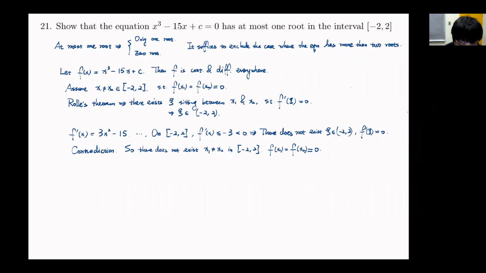So the only possible case will be only one root or no roots, which means it's going to be at most one root. All right, if you want to investigate a little bit, you will find the following facts.